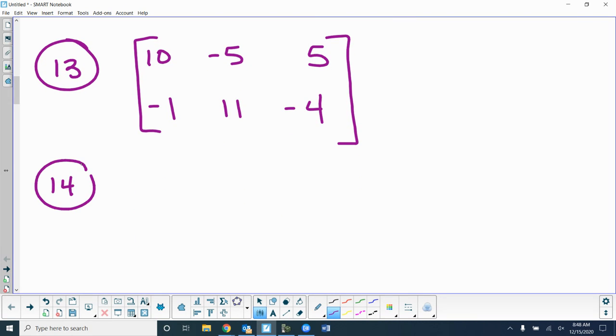Now, 14 is another way to solve a system of equations, and it was using matrices. So you write it like you're doing elimination, line everything up.